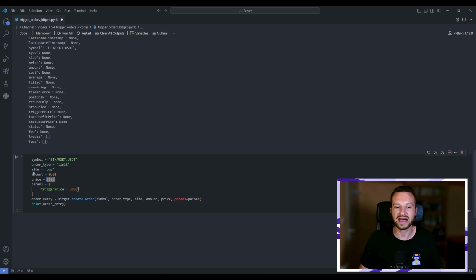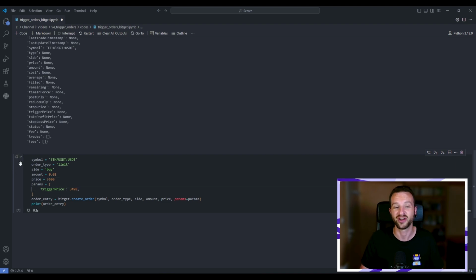Okay, what I could have done if I really wanted the execution price to be the actual 3,500, I could have maybe come down here and put 3,498, so 3,492. So now the order will become a limit order at that price here and execute itself if there's liquidity, etc. You know, the deal with limit orders, it will execute itself if the price is 3,500. Great, so that was really up to you.